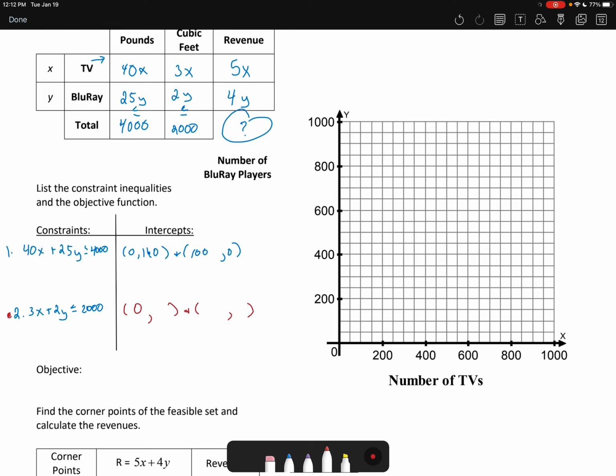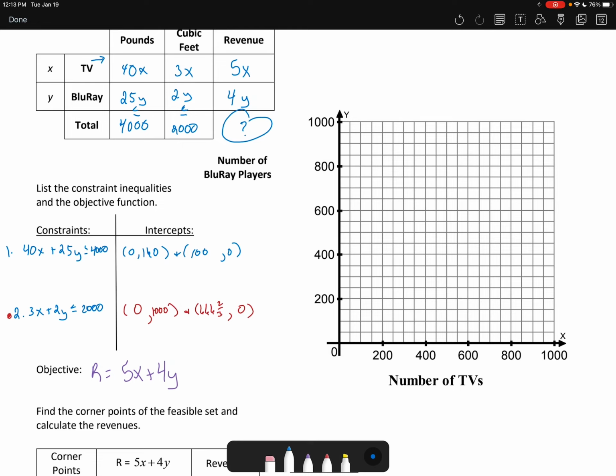If I put a 0 in for X, I'll get 1,000 for Y, and if I put a 0 in for Y, I'm going to get 666 2/3 for the X. The objective function, as a reminder, we are trying to max or min, in this case max, the revenue. So R equals 5X plus 4Y.